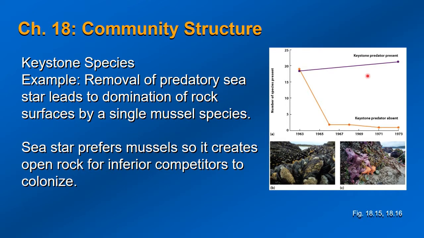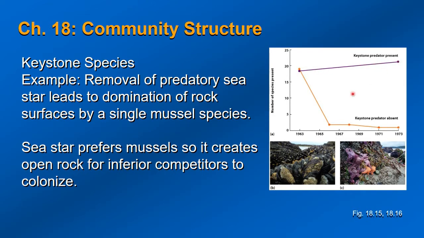I've already shown some other data with this story in play, but the idea is that these mussels are holding everything down as a single species. That is the intertidal zone shellfish. If the keystone is around, the species numbers are pretty high, up around 20, even higher.